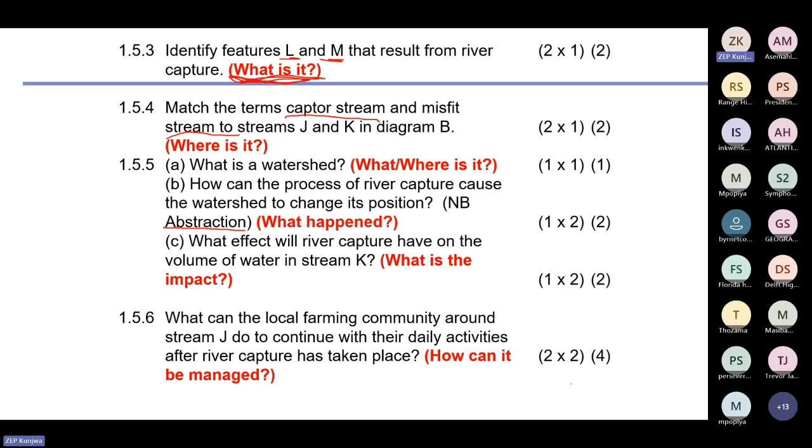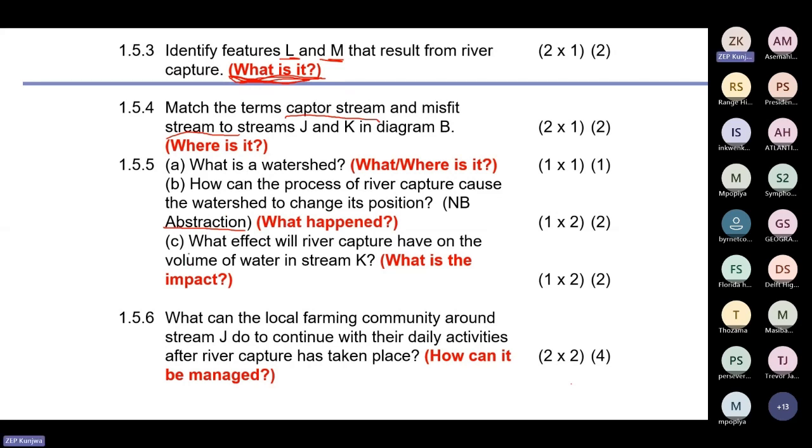If you have a stream flowing on a steeper slope, that stream is going to be more energetic, and it is going to erode vertically and backwards. Because of that, it is going to lower the level of the landform. By doing so, it is going to change the position of the watershed. Okay.